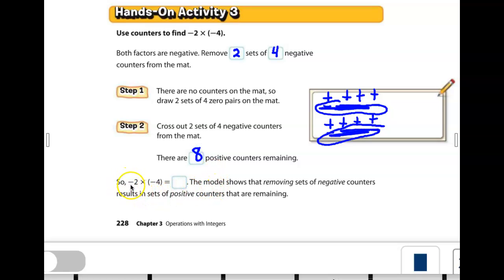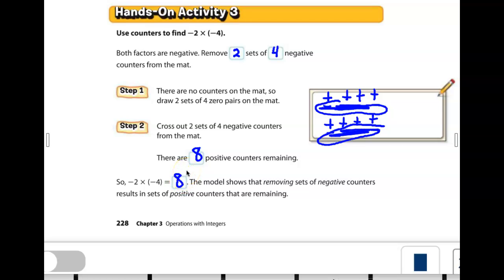And so if you have -2 groups of -4, what is the product going to be? That's correct. It's going to be positive 8. So a negative times a negative equals a positive. A positive times a positive equals a positive.